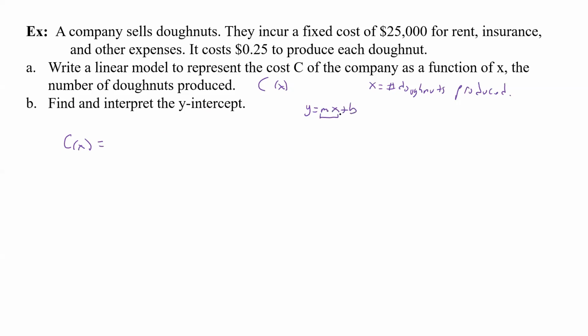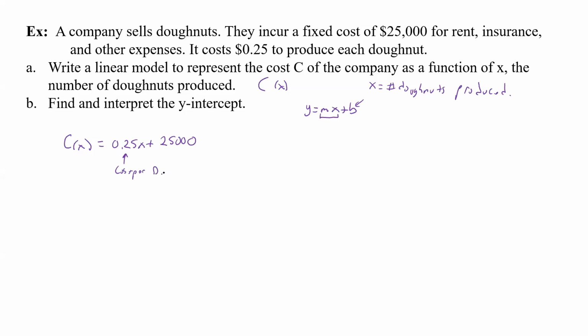So whatever we're taking times our x, in this case x is the number of donuts, well, let's put that first, and then we'll put our plus b here, which is going to be kind of like our fixed cost. And so we're going to have 25 cents per donut, so it's going to be 0.25x plus our fixed cost of 25,000. And so that then would be our actual function that we're going to use. And again, this is cost per donut.